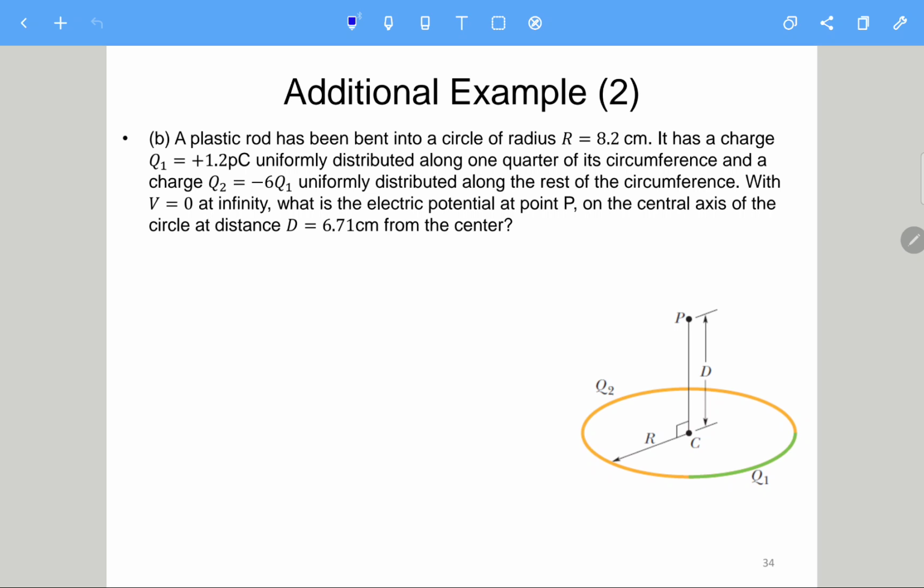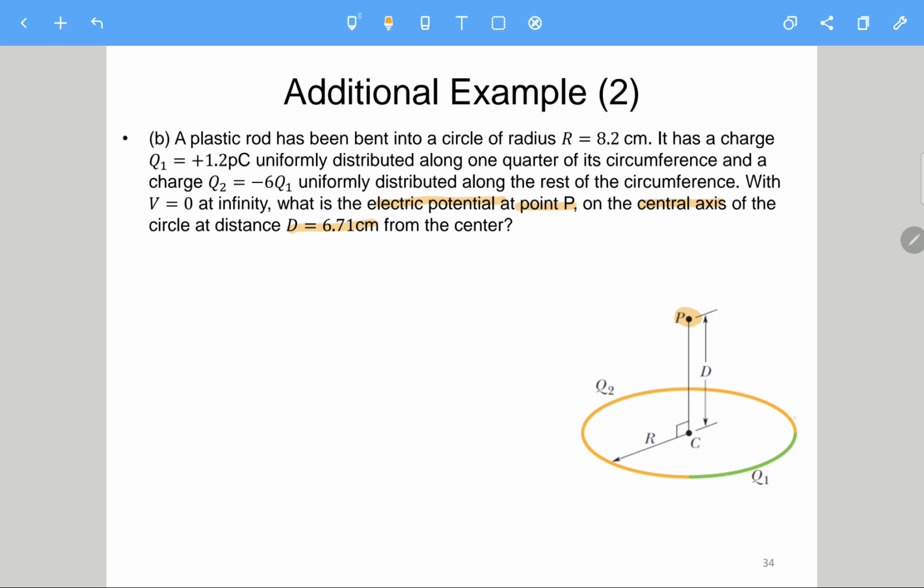For part B, what is the electric potential at point P on the central axis of the circle at distance d this way?